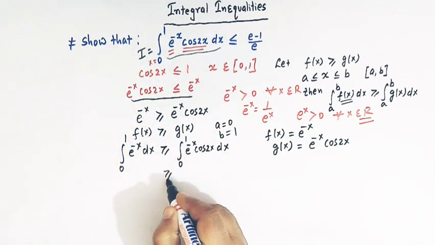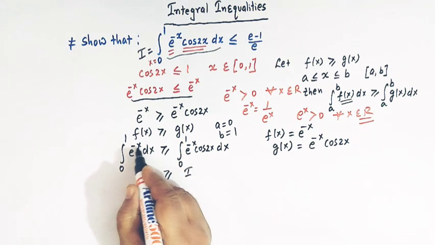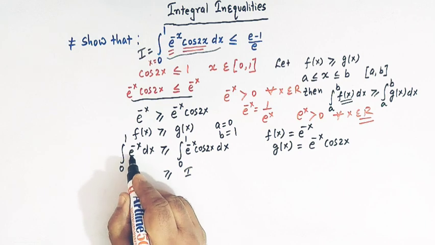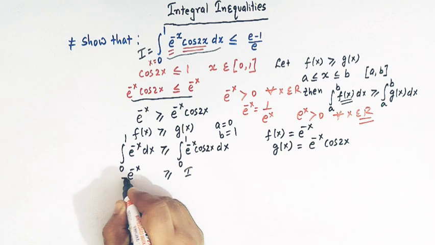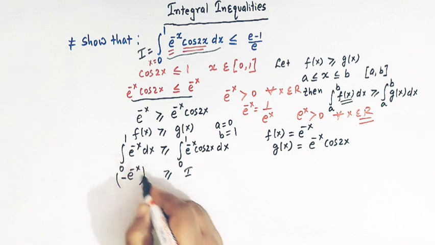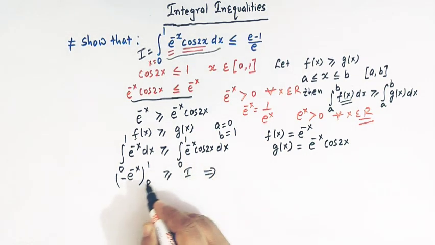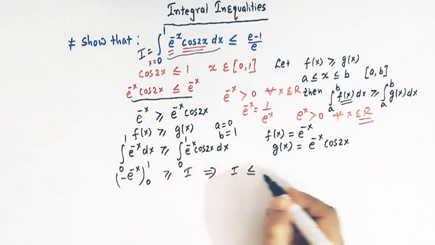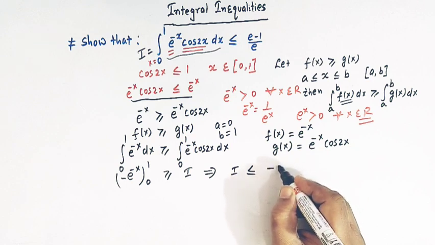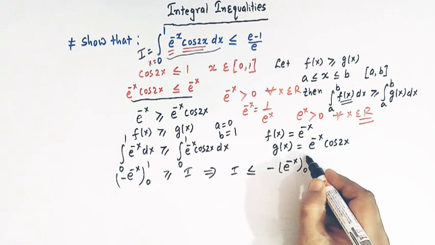So now we can write I, and here we have 0 to 1 e raised to minus x. The integral of e raised to minus x is e raised to minus x, and here we put a negative sign, and the limits of integration are from 0 to 1. So we can write this inequality as I less than or equal to minus e raised to minus x, with limits from 0 to 1.